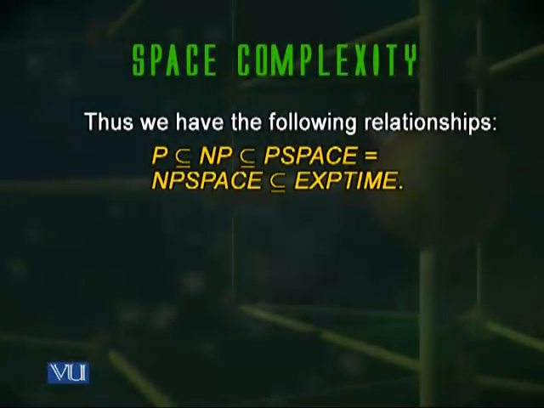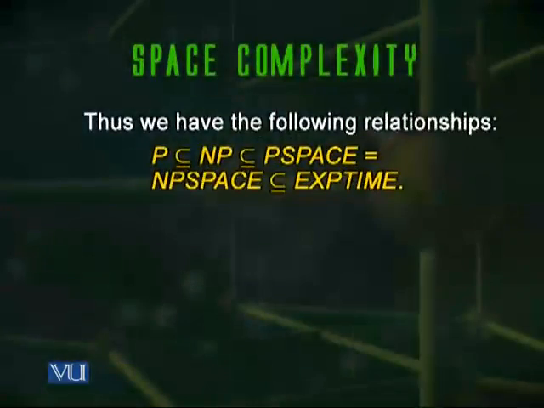The second containment says that NP is contained in PSPACE. Before discussing this containment, let's look at the third one and see why that is true, and then I will discuss this particular containment. The third relationship there is not actually a containment, it's equality.